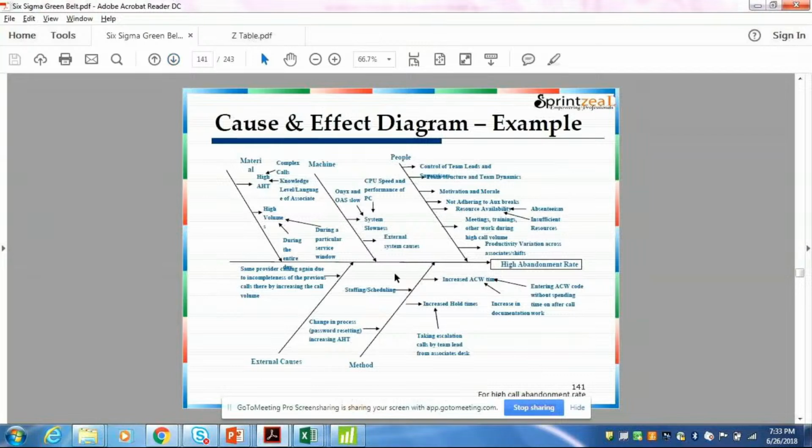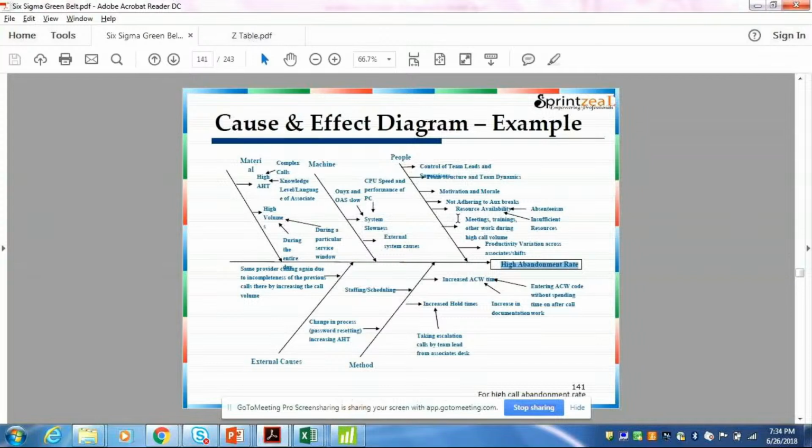Okay, here is an example of the cause and effect, and I think it is an example that you would probably be able to relate to: high abandonment rate. This is generally for a call center or inbound center, wherein a customer is calling you and calls are getting abandoned. So here is a cause and effect.